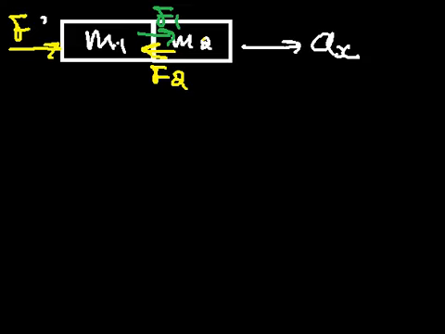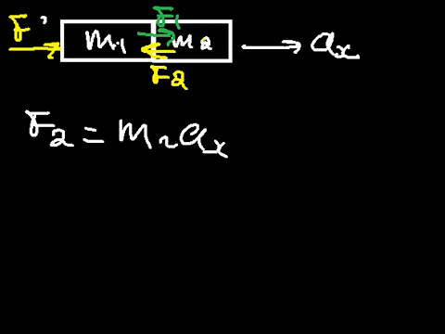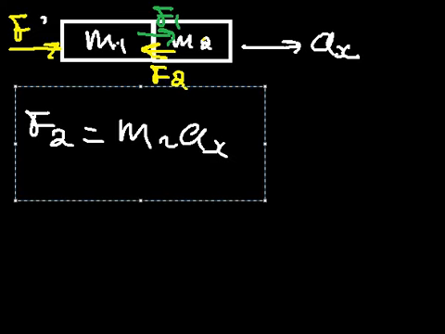The contact force is the reaction force, given as F2. That will be the reaction force. So F2 will be given as mass 2 times the acceleration. That's how the contact force is obtained. Keep that in mind.